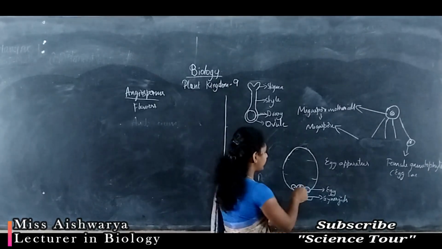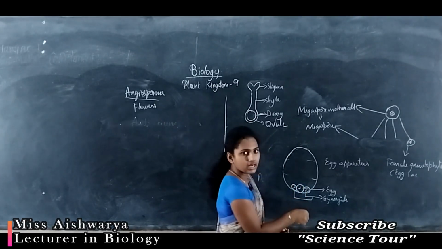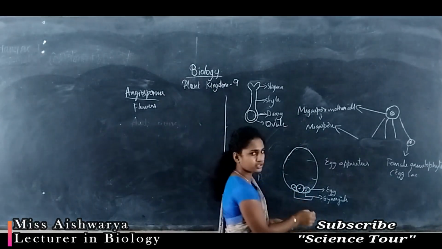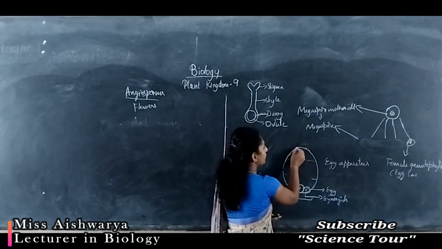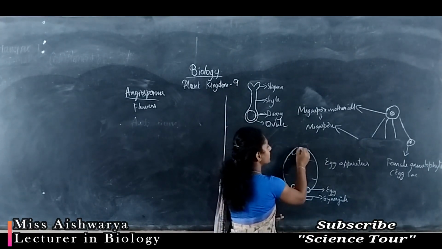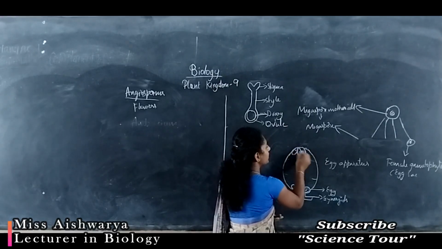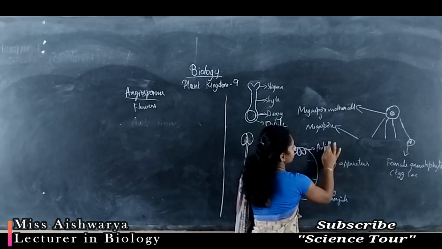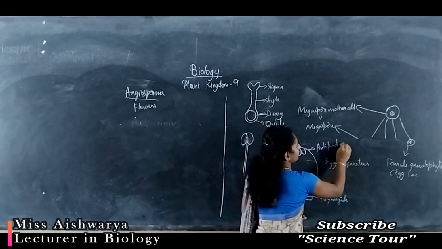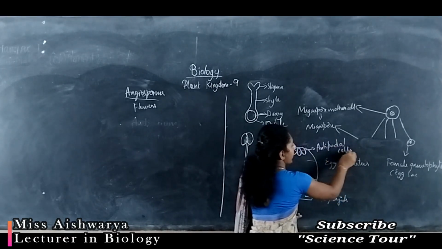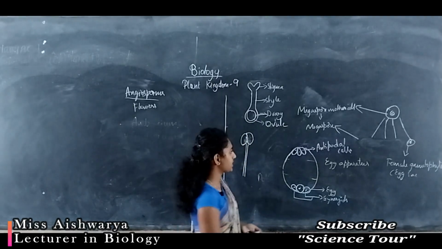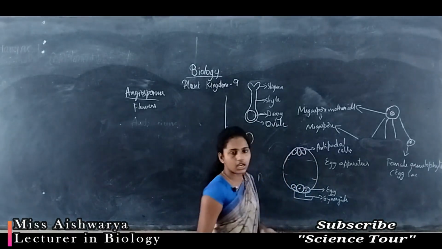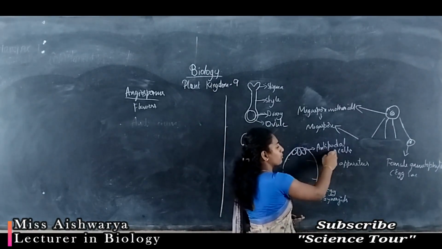This is the posterior end, where the egg is developed. At the anterior end, you can see 3 cells. These cells we will call antipodal cells.